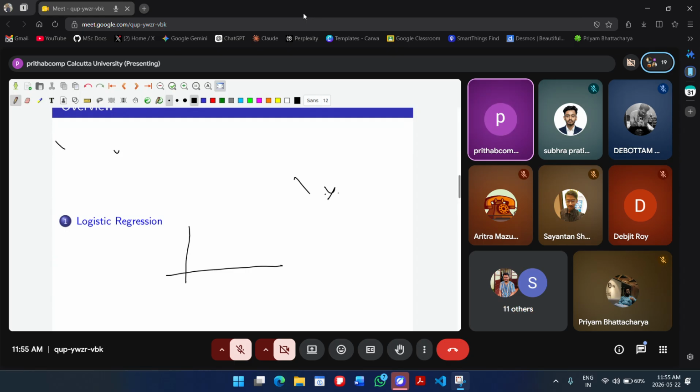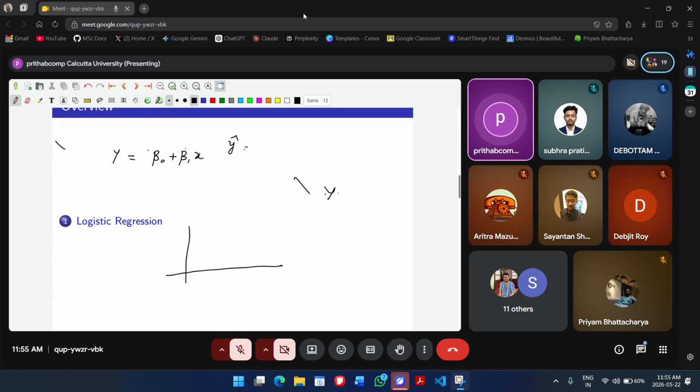Okay, so what we were doing was y equals beta 0 plus beta 1 x. We're just talking about the simplest linear regression. Then we tried to find this y cap.